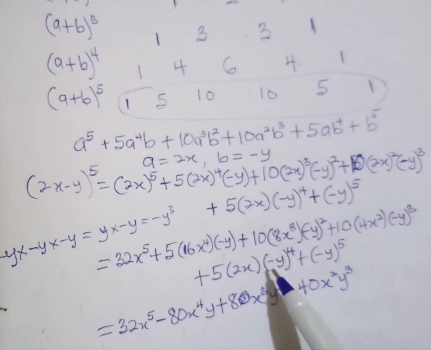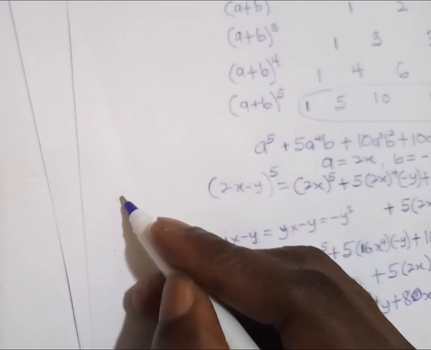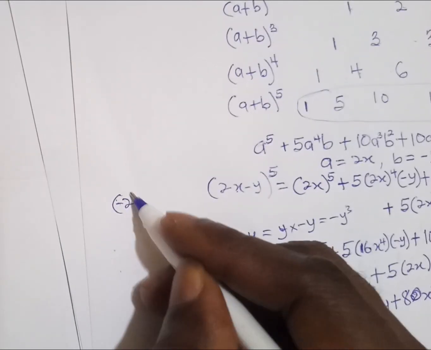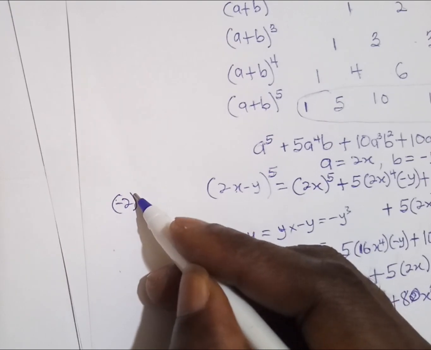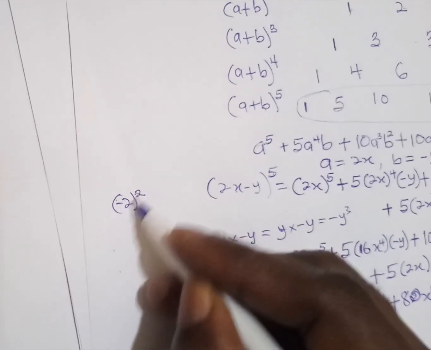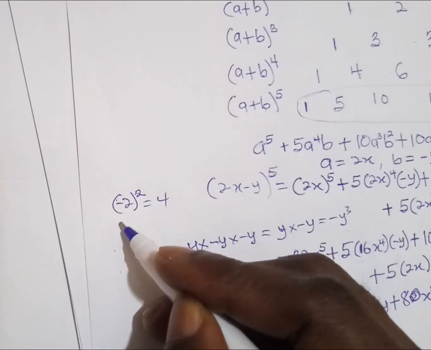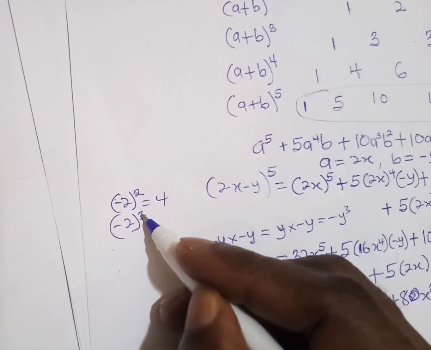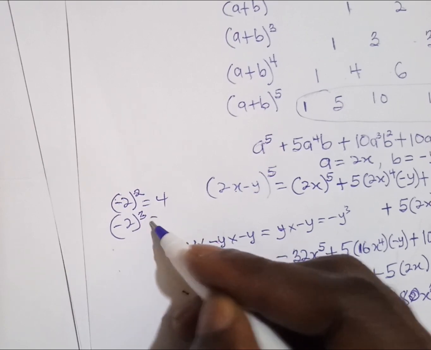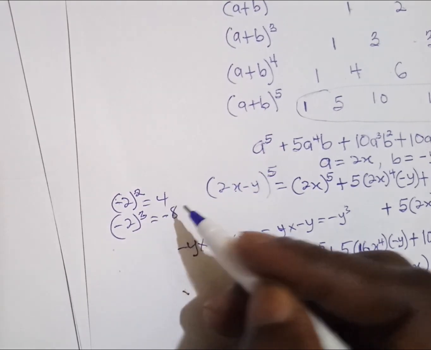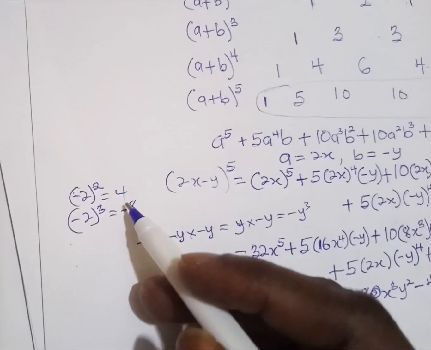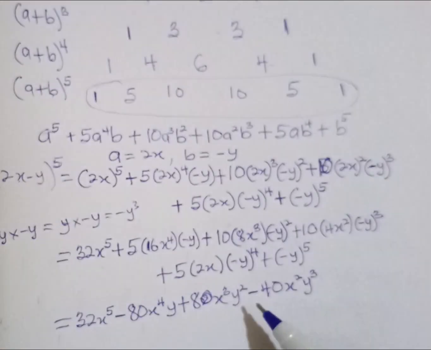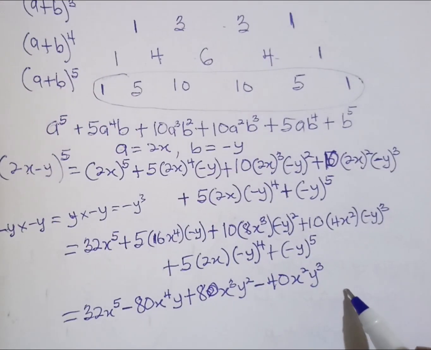Negative. So get this trick very clear. So if I give you negative 2 squared, 2 is even, so I'll get positive 4. But if I write negative 2 exponent 3, because 3 is odd, then I will still get negative what? 8. Have you gotten that? So that is what we are talking about here. So take note of that so that you don't confuse yourself.